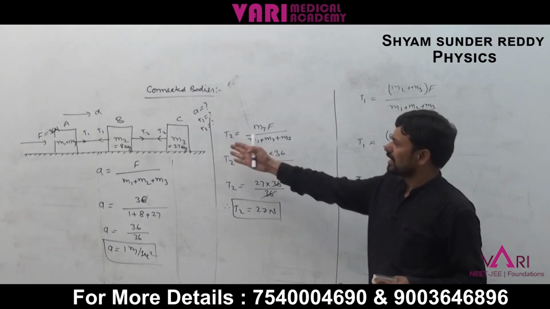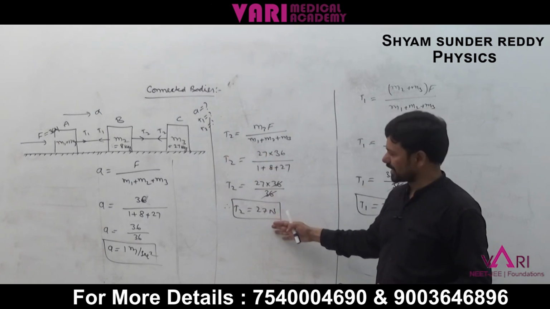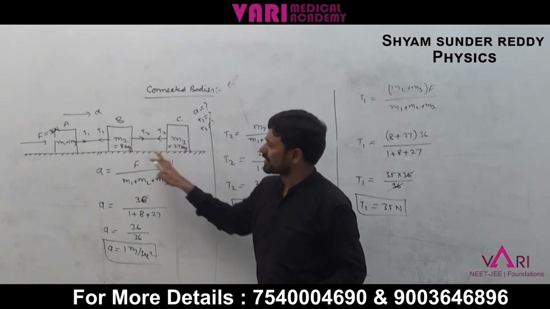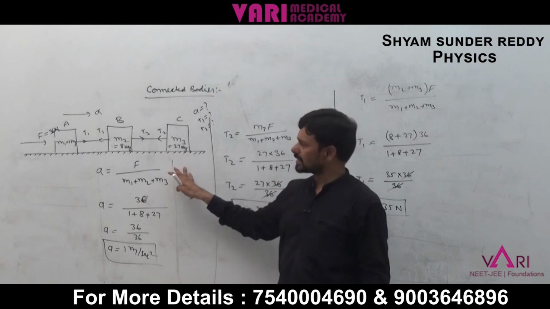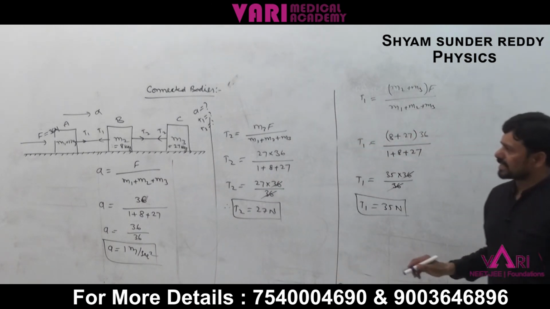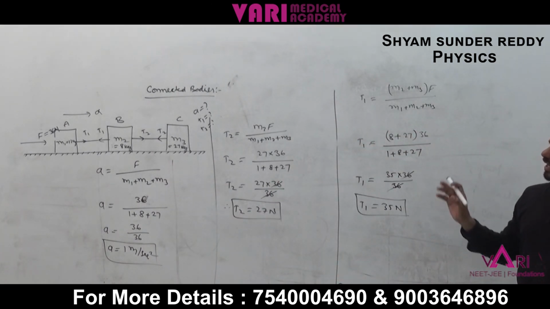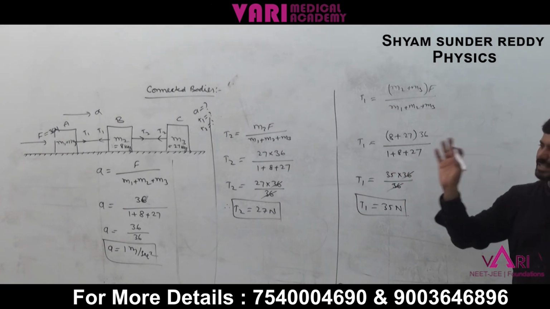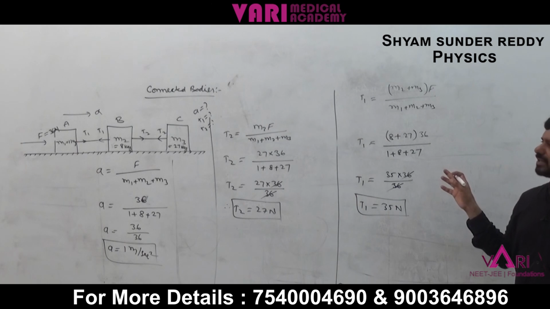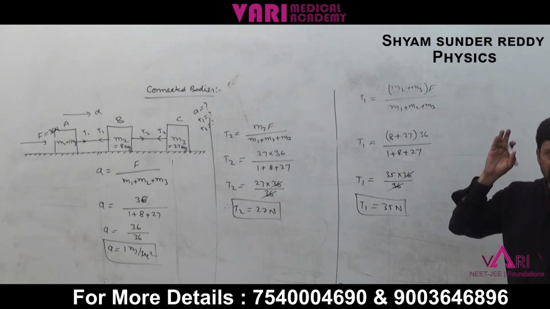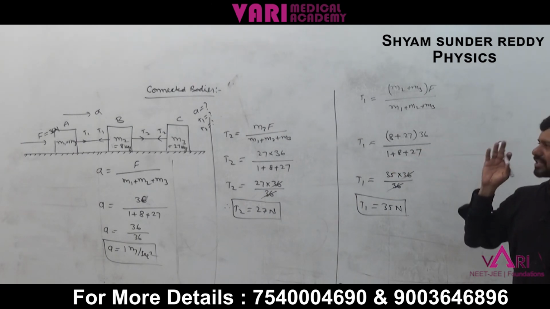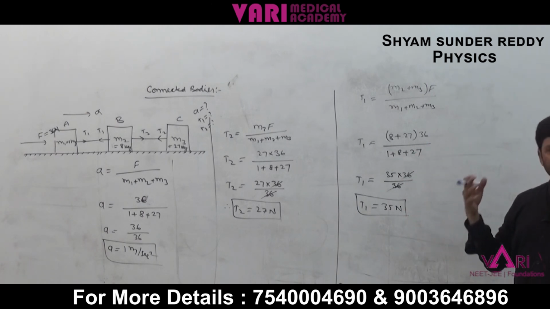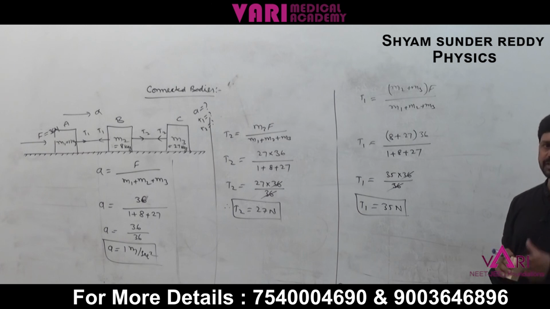Don't take the same equations for all directions. Okay, these two equations will be changed, right? And simple. If the system is moving in the horizontal direction, then what is the acceleration? What are the tensions? Simple question, easily we can do, right?